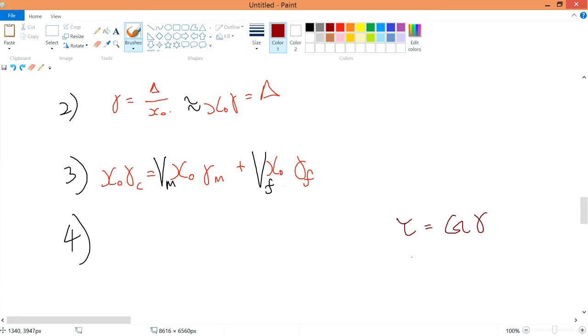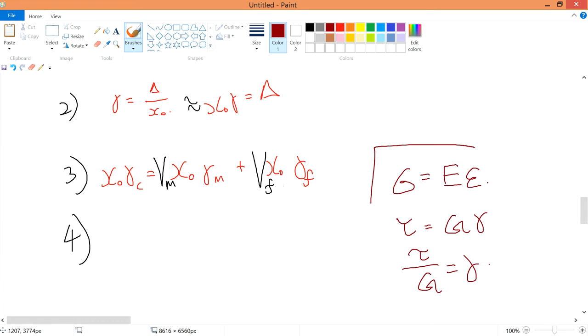If I were to bring this G down, I would have tau divided by G is equal to gamma. This is very similar to your stress is equal to Young's modulus times your strain. This is Hooke's law. I think you remember already.